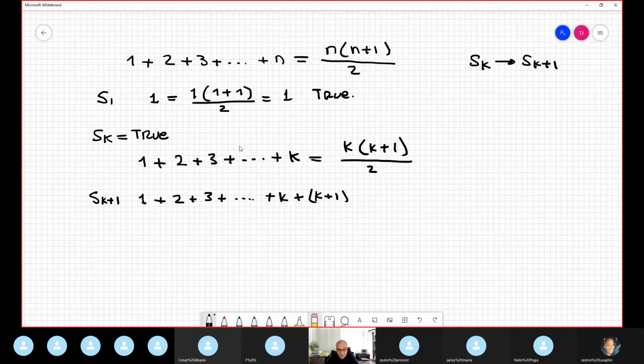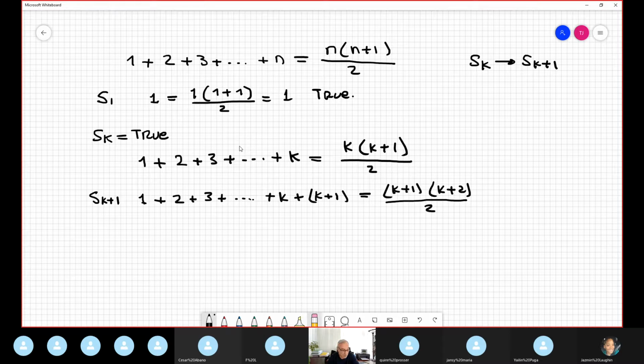I put a parenthesis or not, it doesn't matter. Include the next in the left. In the right also, no? In the right, because this is a k, you replace k with k plus 1. So this is k plus 2, because it's (k plus 1) divided by 2.